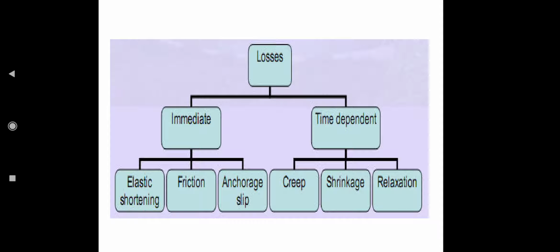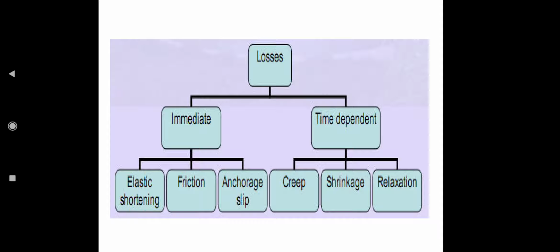Now let us see what are all the losses that may occur in the prestressed concrete members. So here the losses can be divided into two categories. One is immediate loss and the other is time dependent loss. The immediate loss is further divided into three categories: elastic shortening, friction, and anchor slippage, and time dependent loss is further divided into creep, shrinkage, and relaxation of steel.